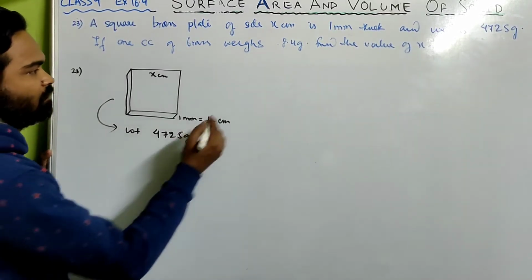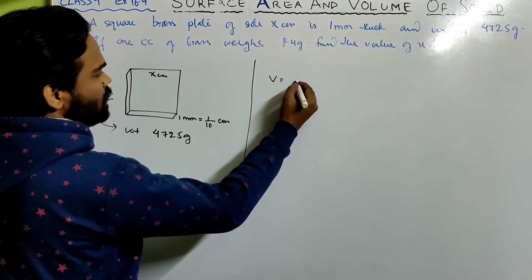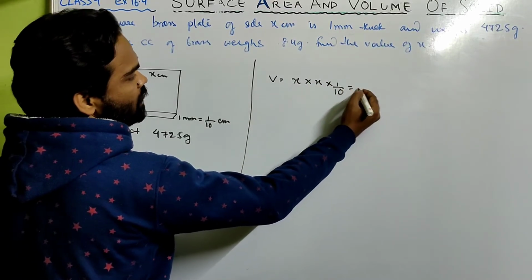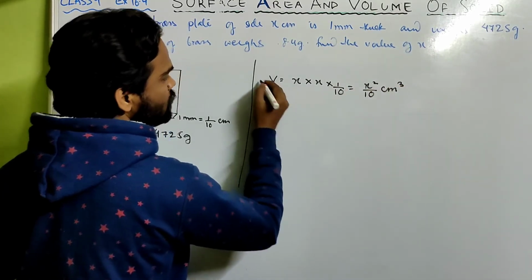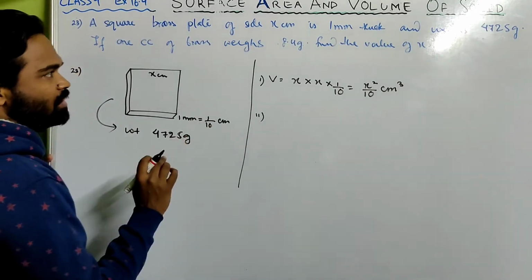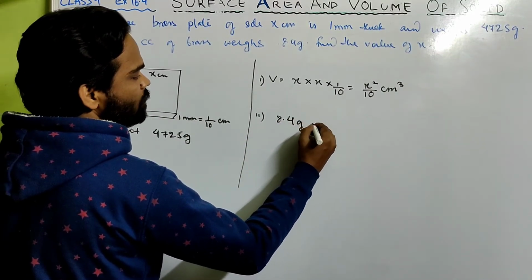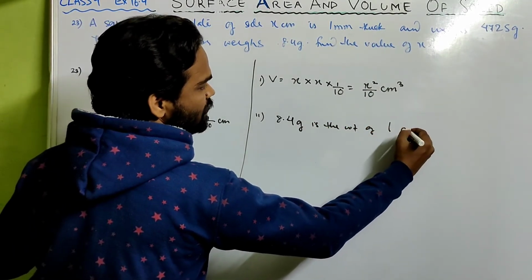Very simple. First of all, find the volume. Volume will be length into breadth into height. That's x square by 10 centimeter cube. Done. Now look carefully. Unitary method. 8.4 gram is the weight of 1 centimeter cube.